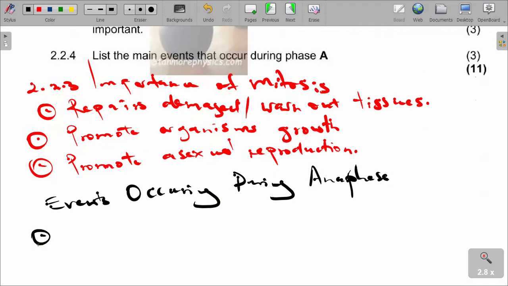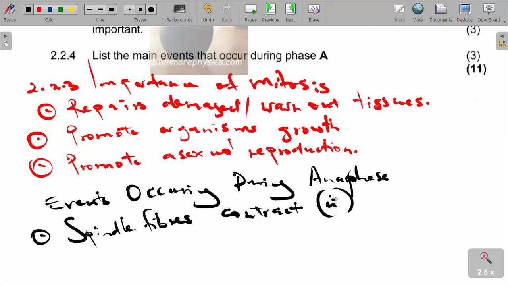The events occurring during anaphase: we see the spindle fibers contracting. I was saying previously that spindle fibers are responsible for controlling the activities of the cell.